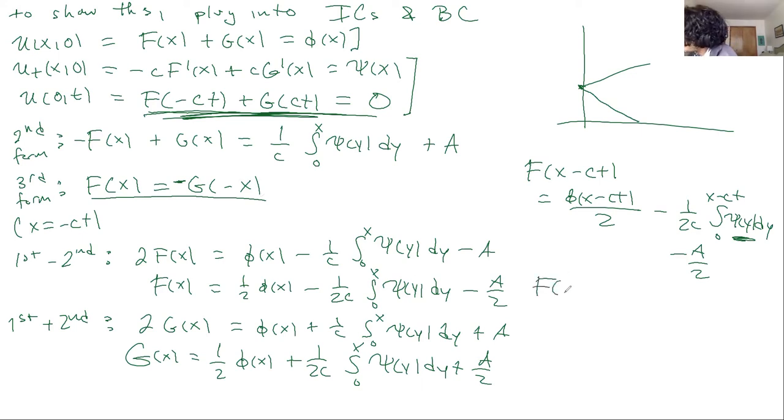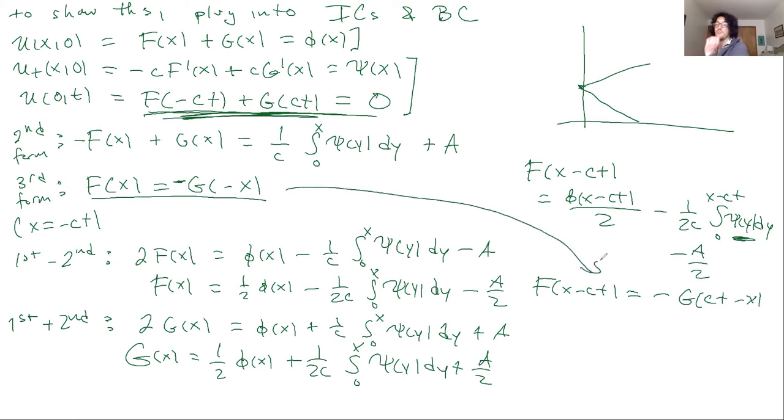So f of x minus ct, another way of realizing that is just to say, well, it's equal to minus g of ct minus x, right? And that's just me applying the third formula that I have there, okay? So in that case, if I want f of x minus ct, then the only thing I have to do is compute minus g of ct minus x, okay?